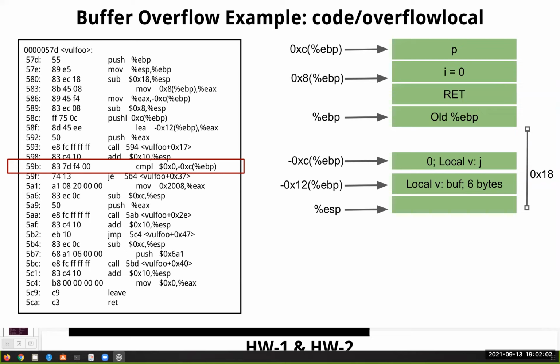But the problem is that a standard stack cookie is put here, and the local variables will be lower, right? So it's not good enough to protect that. Yes, it protects against overflow to the return address and everything above, but not the local variables. Of course, you can say, why don't we put the stack cookie somewhere here instead of here?